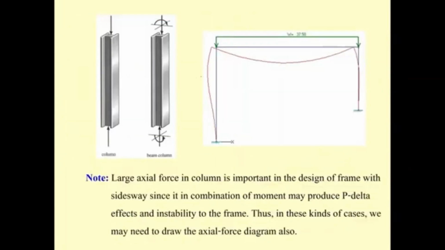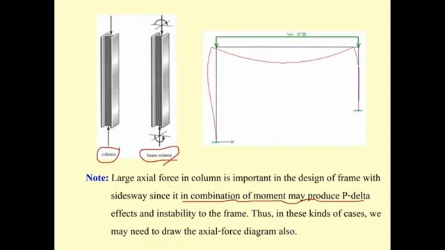Most of the frame, let me know, the frame may have a column subjected to only axial load. That's what we call the column. And if the frame is subjected to both axial load and bending moment, we call this frame a beam column. Okay, it is important because the combination of moment and P may produce the P delta effects.